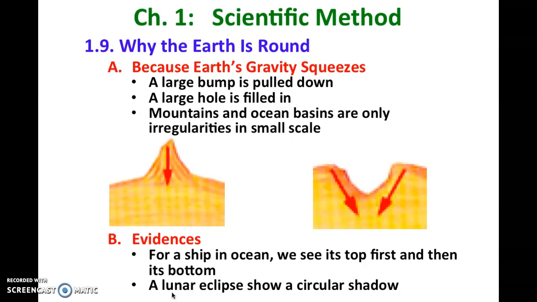Mountains and ocean basins are only irregularities on small scales. There are two direct evidences for the Earth to be round. The first is that the top part of a ship at sea is seen first, and then the body of the boat. Second is that the shadow of a lunar eclipse is a circle.